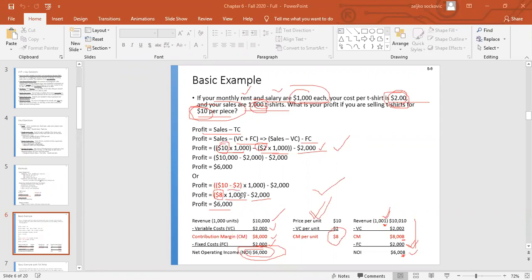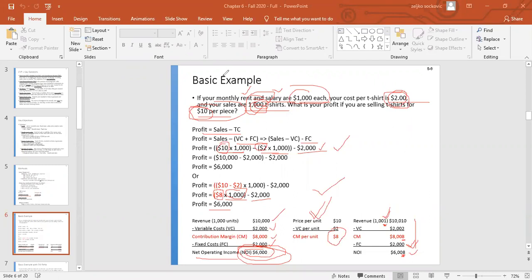This one here? Yes. Well, that's the number of units. You don't see a dollar sign over there. That's the number of units. Okay. So if $8 is for one unit, where can we find the total profit in dollars? Is it the $6,000? Well, what does this here say? It says net operating income. Yes, that's the profit. Yes.